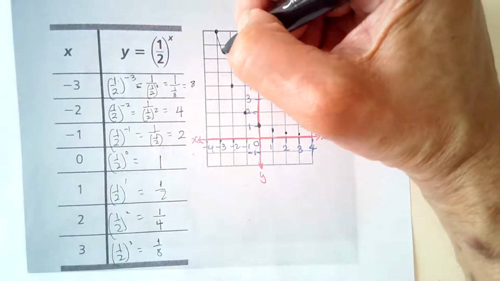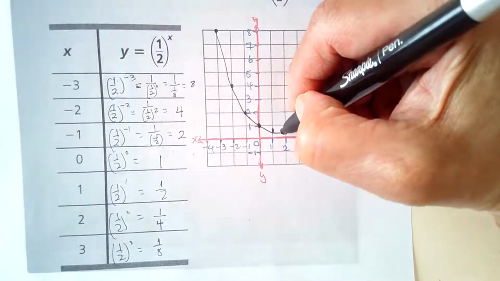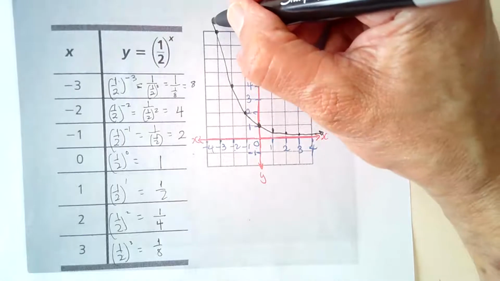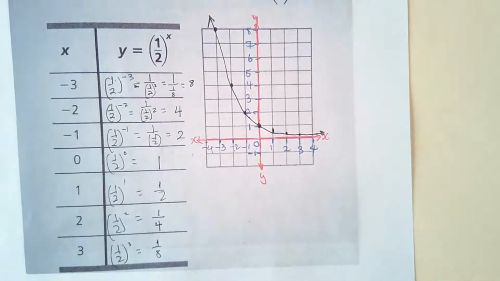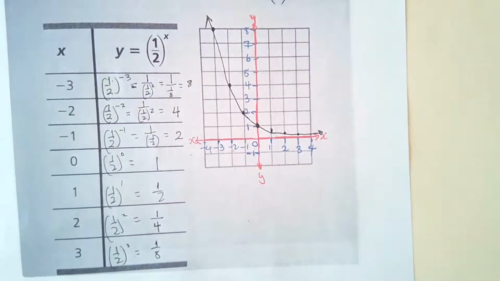Now, a nice smooth curve. And if you were to continue a table of values, you'd find this graph never touches the x-axis.